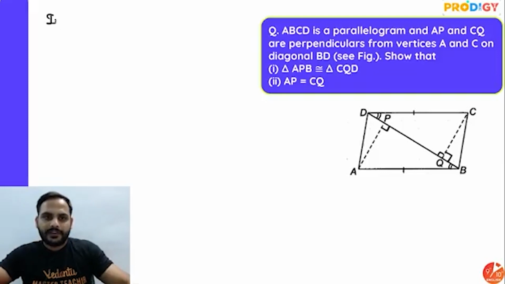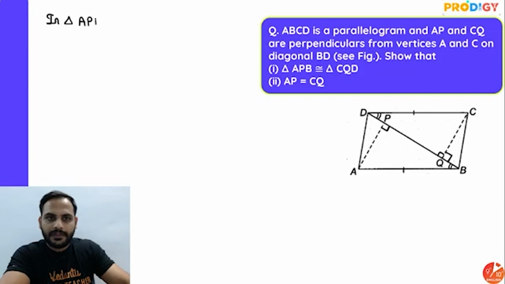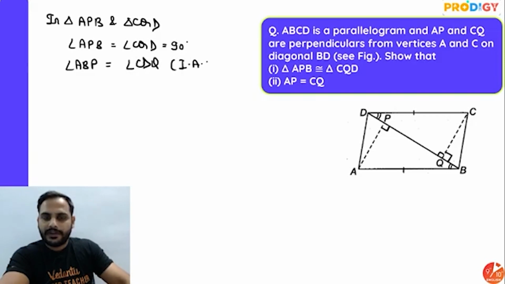So in triangle APB and triangle CQD, first, angle APB is equal to angle CQD, both are 90 degrees. Then angle ABP is equal to angle CDQ, both will be equal because they are interior alternate angles. And at the end, AB is equal to CD.